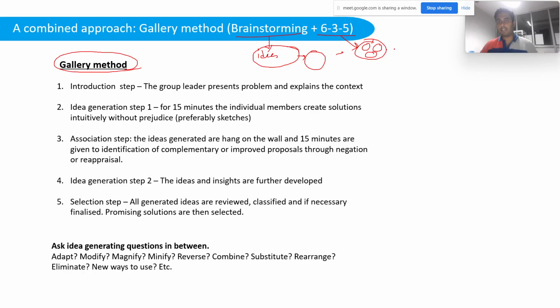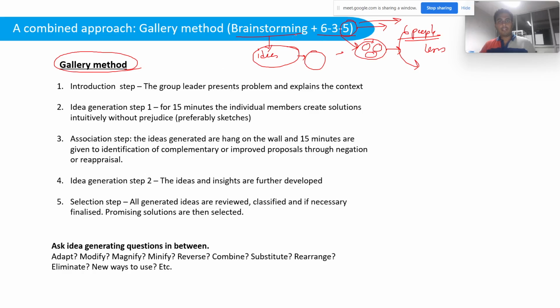But the problem here is that since we use only six people, the number of people involved is small. And if the same people are used for five consecutive rounds, they get tired, and the nature of the concepts that come in the later portion of the session is not very good, because people get cognitively tired.